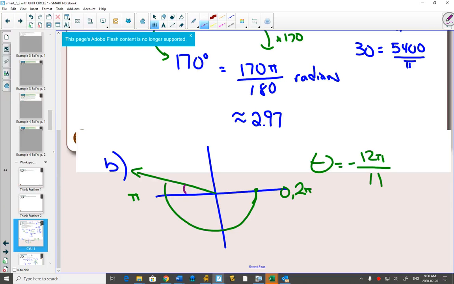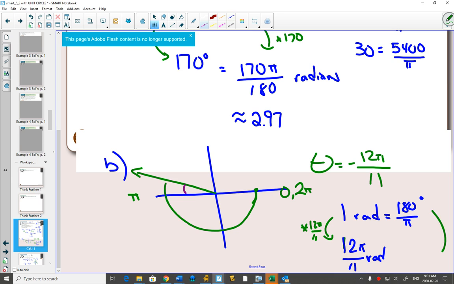Now you could change, and many of you will want to do this at the beginning. You're going to say, can't I just change negative 12 pi over 11 to degrees? Because I know that 1 radian is equal to 180 over pi degrees. And so if I change this to degrees, I would have to multiply by 12 pi over 11 radians.